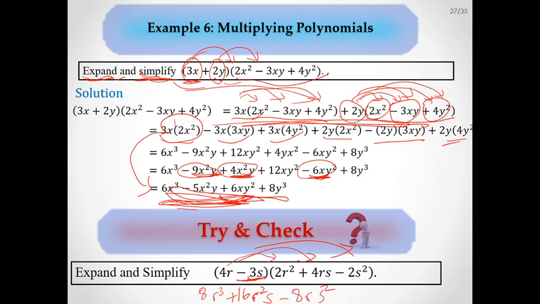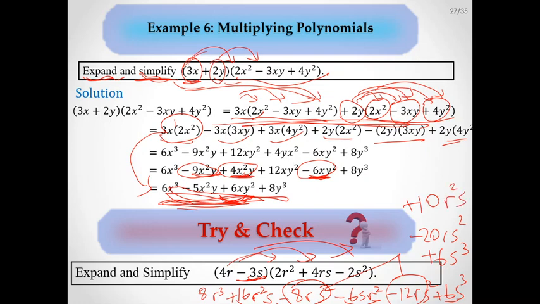Now let's deal with this, and it will be 12 r s squared, and this is plus 6 s cubed. So then there will be this and this. These are negative 20 r s squared, and there's nothing with s cubed. And these two, they make 10 r squared s.